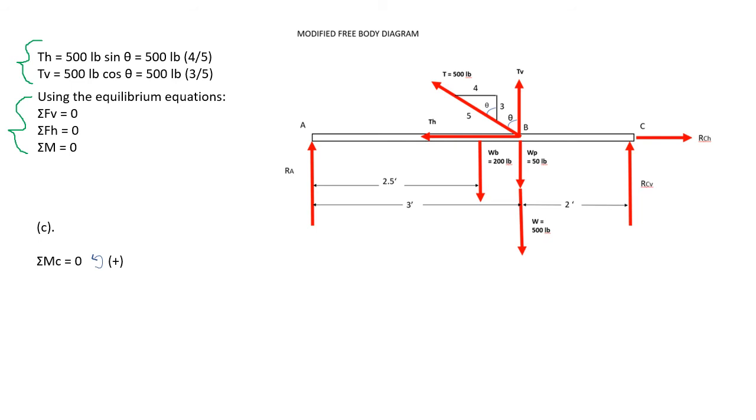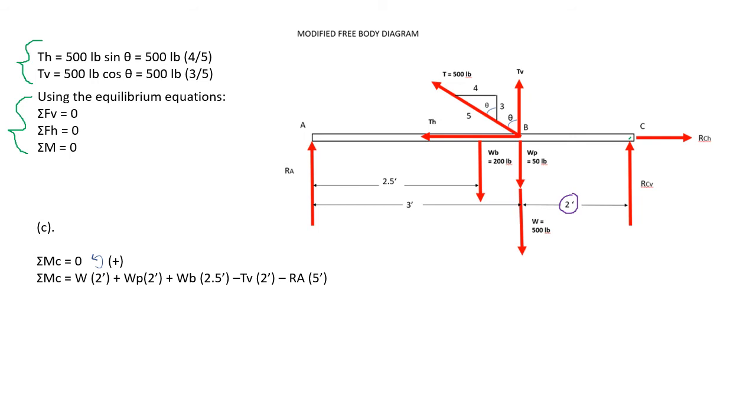So, taking counterclockwise moment to be positive, therefore, summation of moment about C is equal to the weight of the load times the perpendicular distance about C, which is equal to 2 feet.